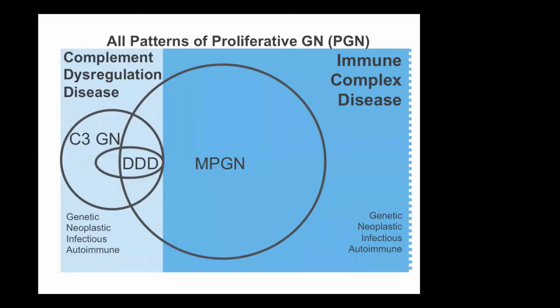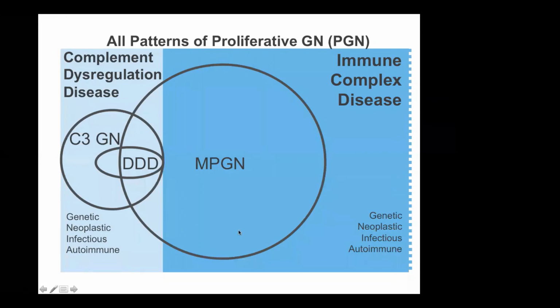When we look at the MPGN pattern, it is fair to say that about 70% of the cases are immune complex mediated diseases, where we have both immunoglobulins as well as complements: genetic, neoplastic, infectious, autoimmune.